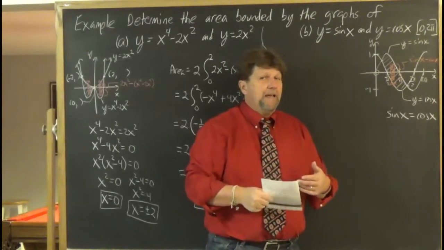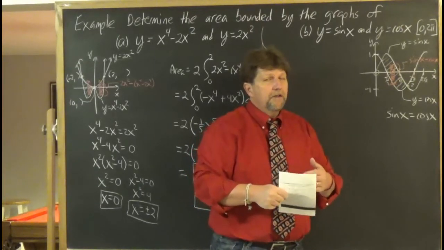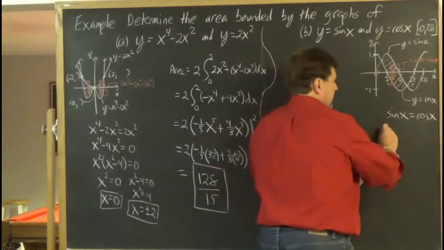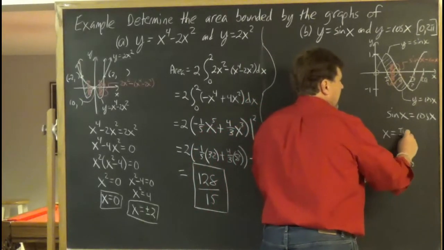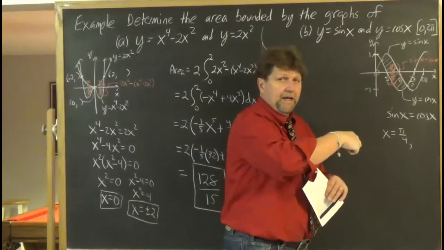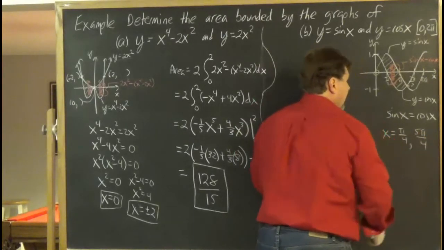This takes me back to the basics of the unit circle. In the unit circle, sine's equal to cosine in quadrant 1 at an x value of pi over 4, and again in quadrant 3, which has an x value of 5 pi over 4.